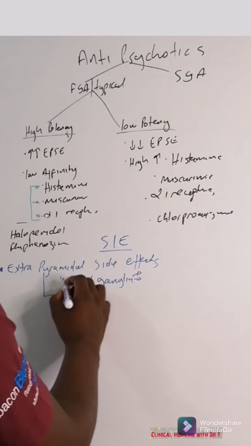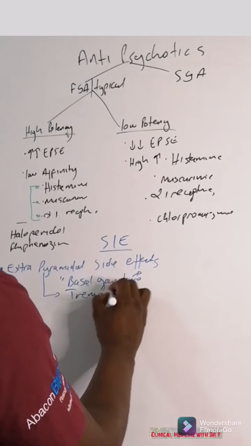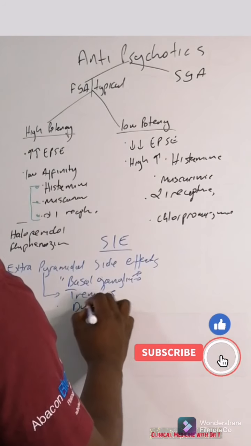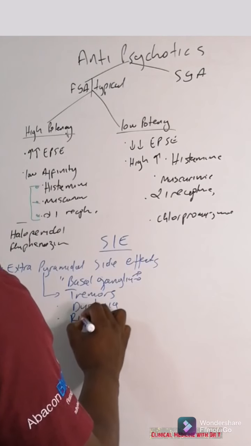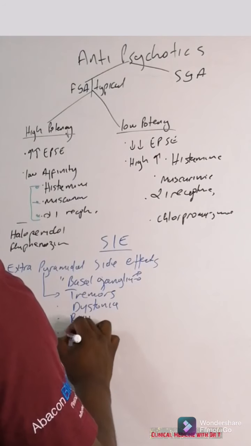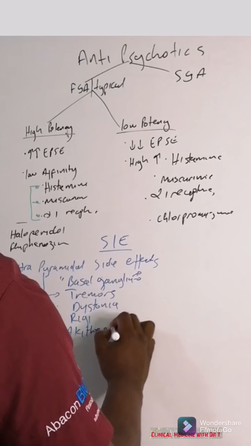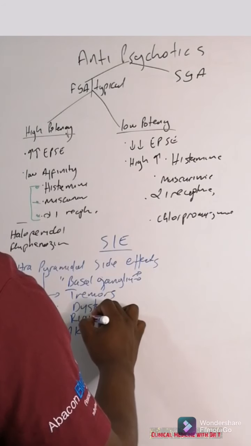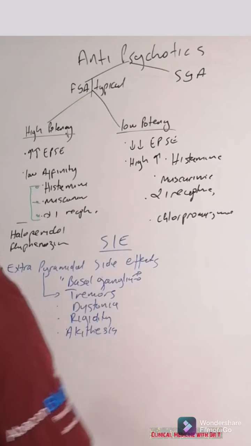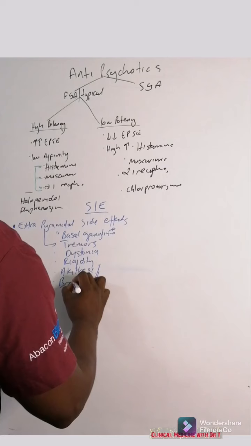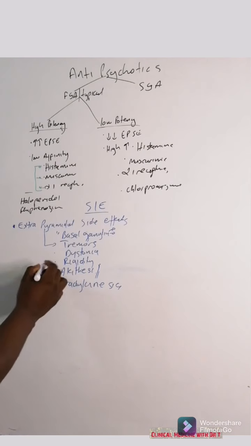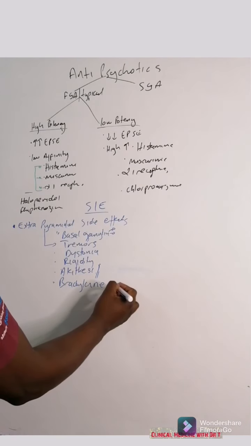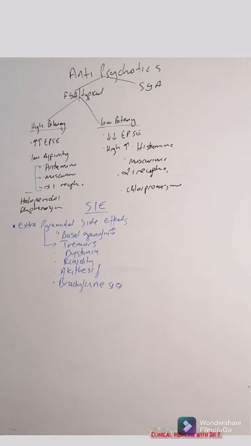So you need to understand that there are tremors, dystonia, akathisia, rigidity, and bradykinesia, which is slow movement: whatever movement they're trying to execute is very slow.